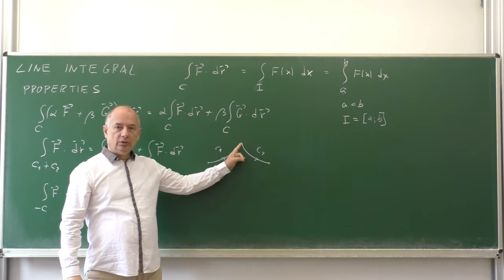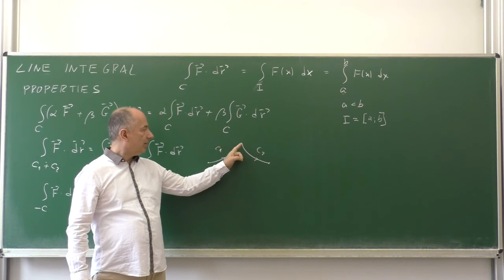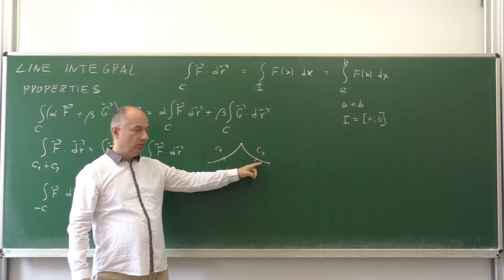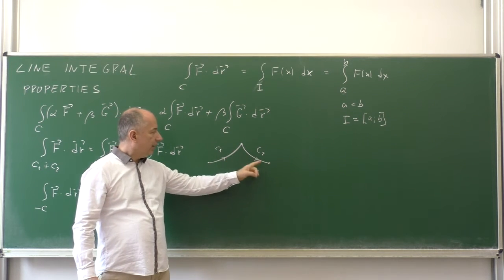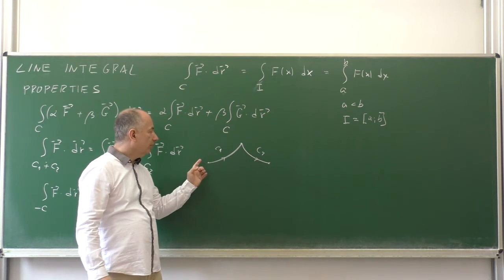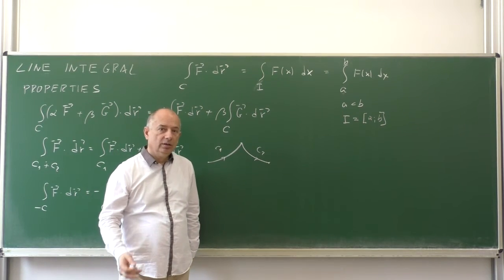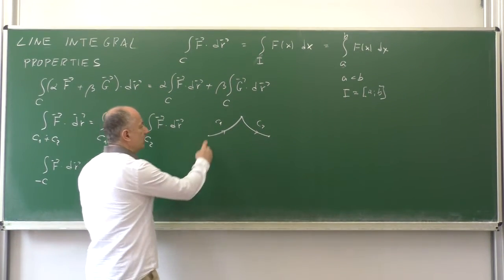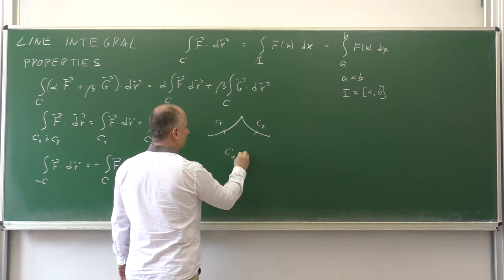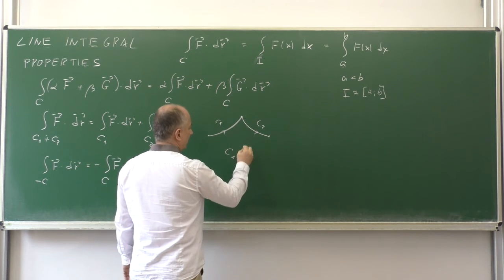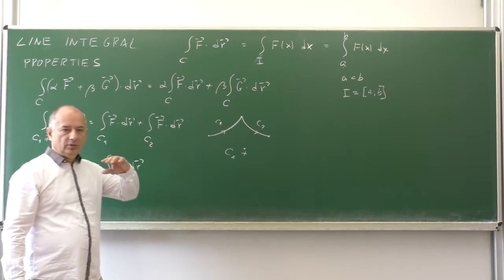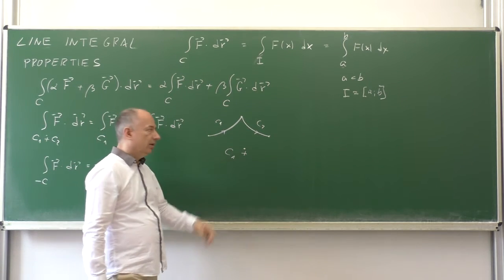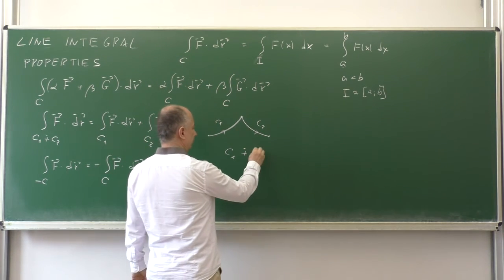If the endpoint of C1 is the same as the initial point of C2, we can concatenate these two curves and build a new, longer curve. And this concatenation is denoted with plus, but we write a little dot to distinguish from plus that we use for adding numbers or vectors or matrices.